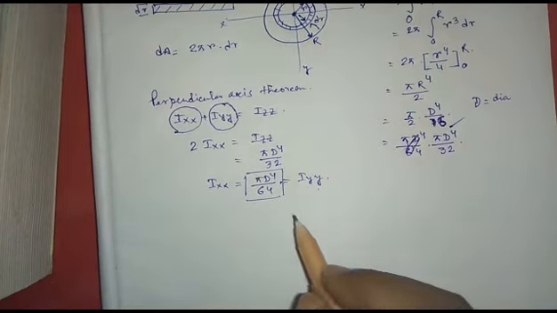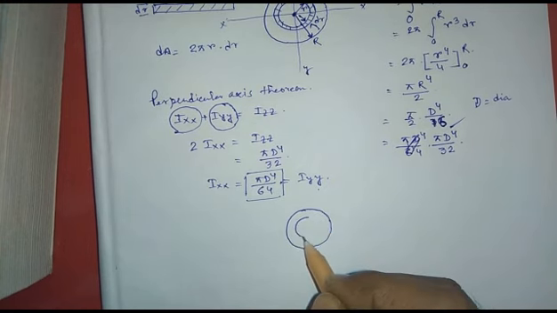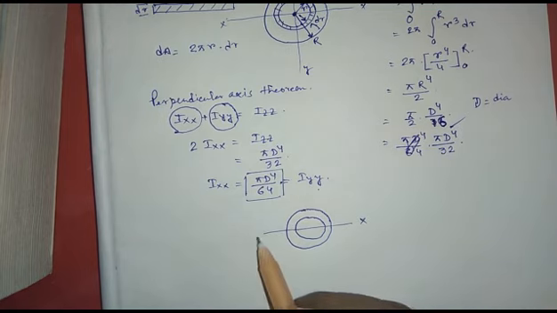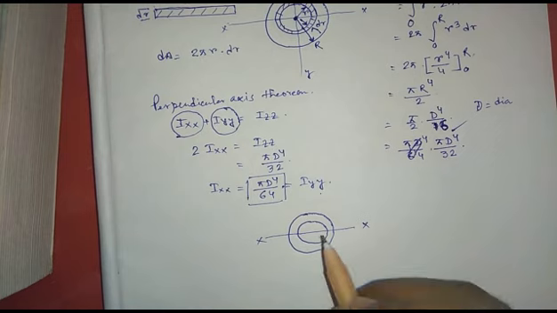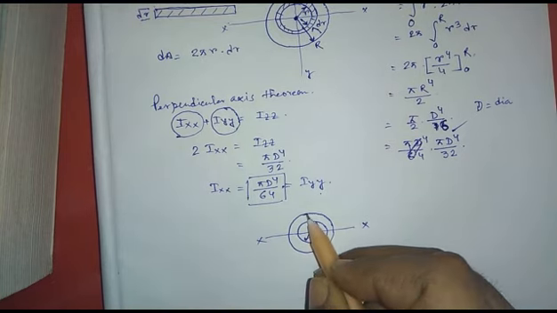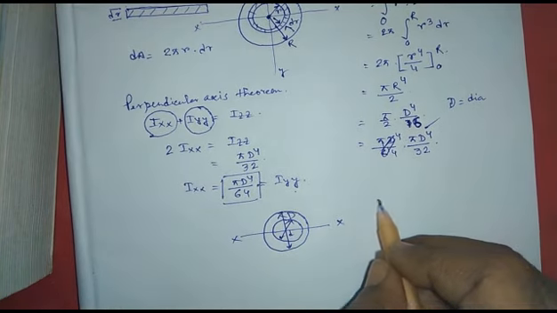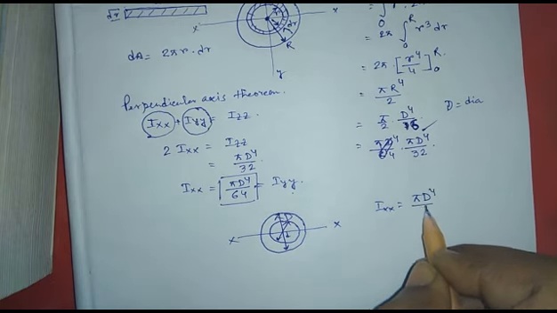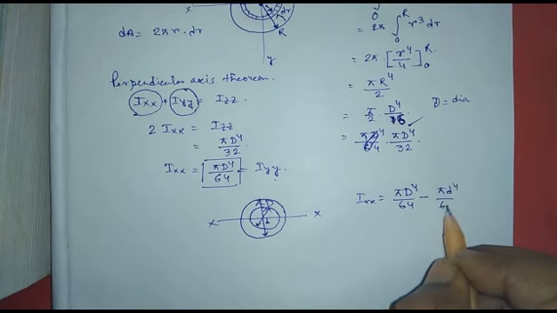Now if it is a hollow circle, I want to find out what will be the moment of inertia of this circle about axis x. Say this inner diameter is small d and this outer diameter is capital D. So it will be simply Ix is equal to pi D to the power 4 by 64 minus pi d to the power 4 by 64.